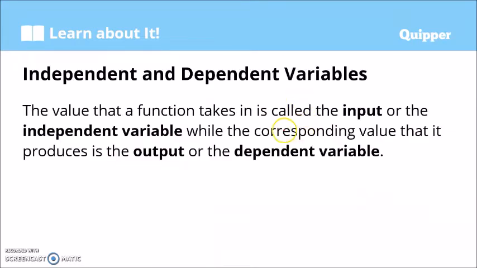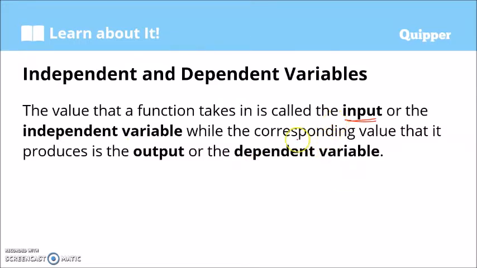We also have what we call independent and dependent variables. The value that the function takes in is called the input. Kung anong ina-assign sa kanya, that's the input, or the independent variable. While the corresponding value that it produces is the output or the dependent variable.